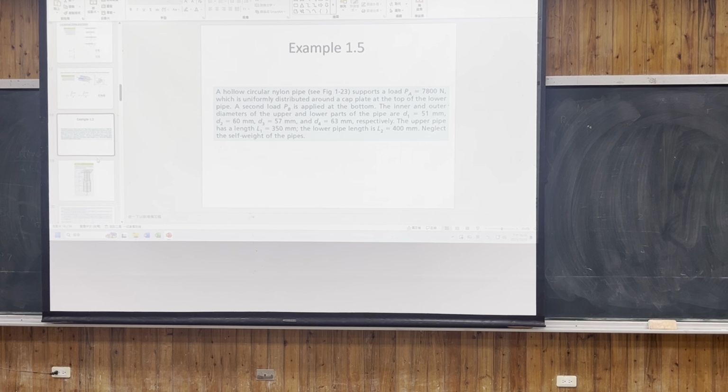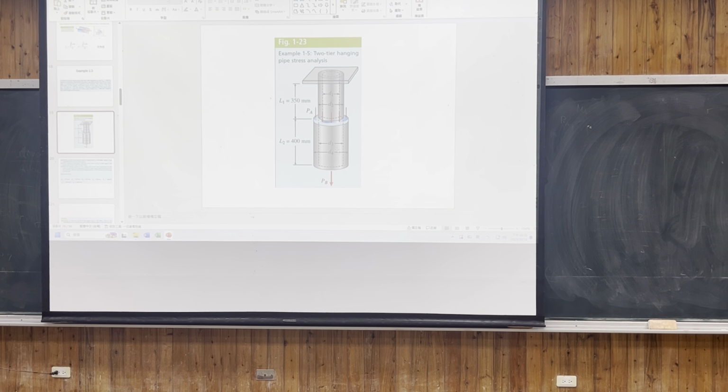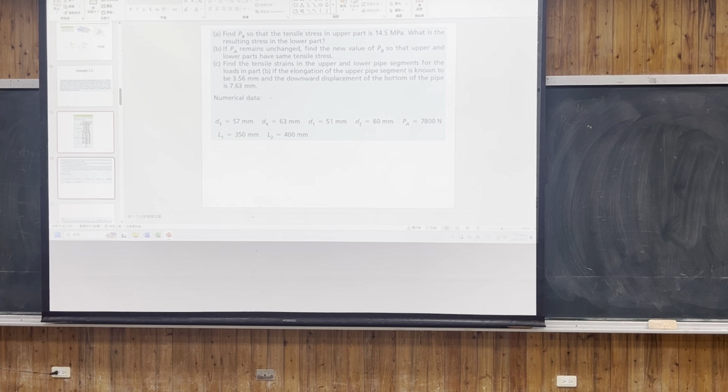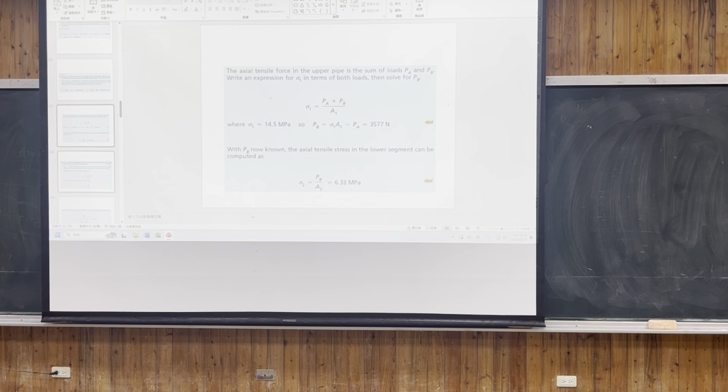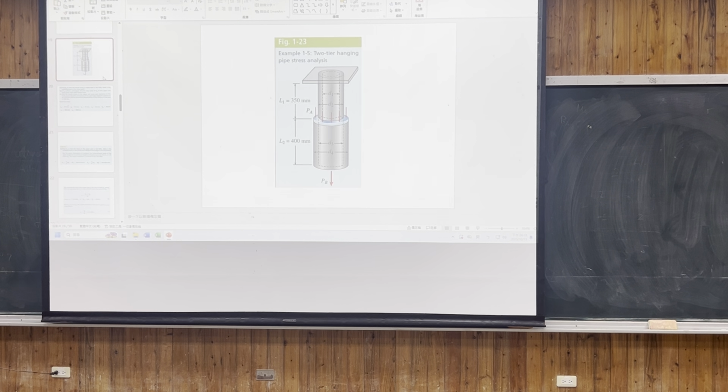This is an example we will talk about maybe in chapter 2. So it's not important. This is about how we can calculate the stress in a certain area.